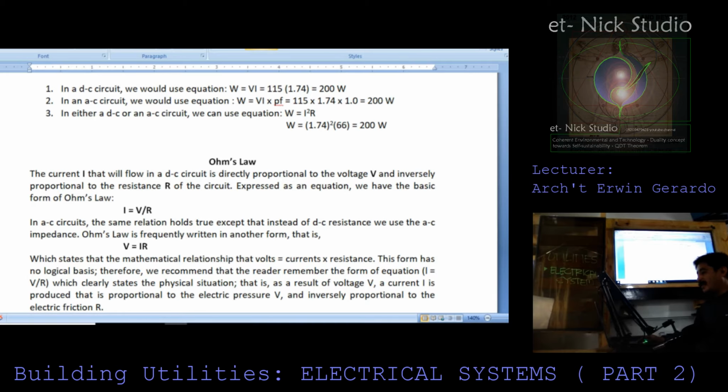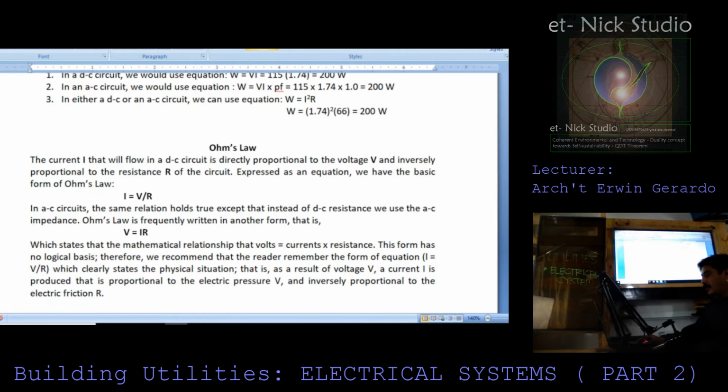The Ohm's law is frequently written in another form, that is V equals I times R, which states the mathematical relationship that volts equals current times resistance. This form has no logical basis.